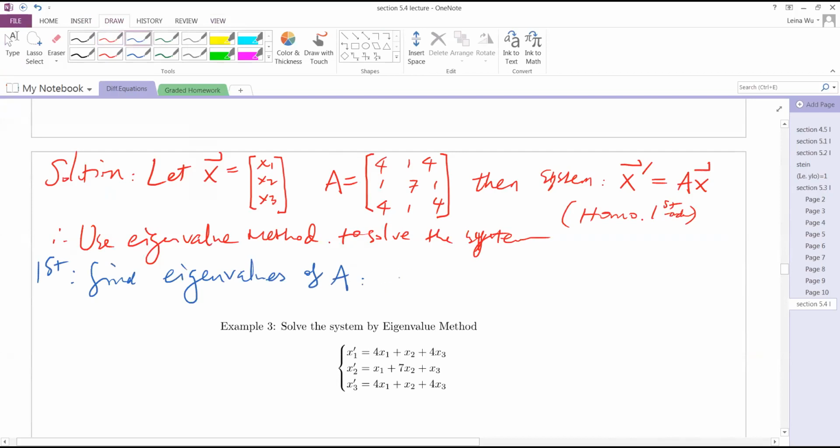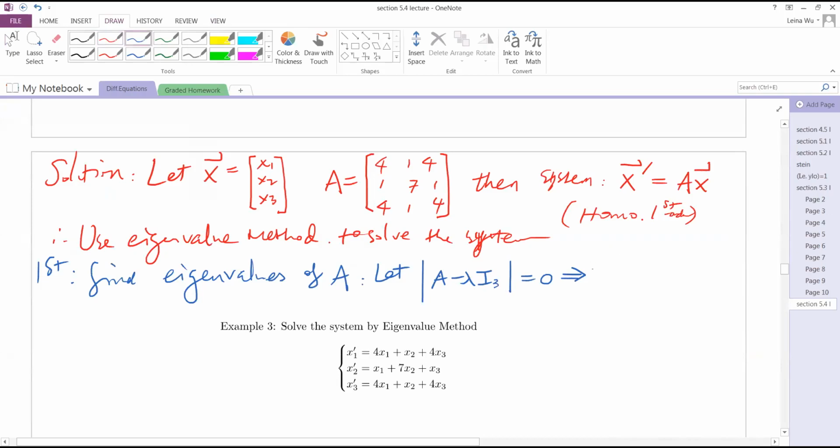So we need to have the determinant of A minus lambda I equals 0, right? What's the size of the identity in this case, folks? 3 by 3. So I3, because matrix A is 3 by 3, right?